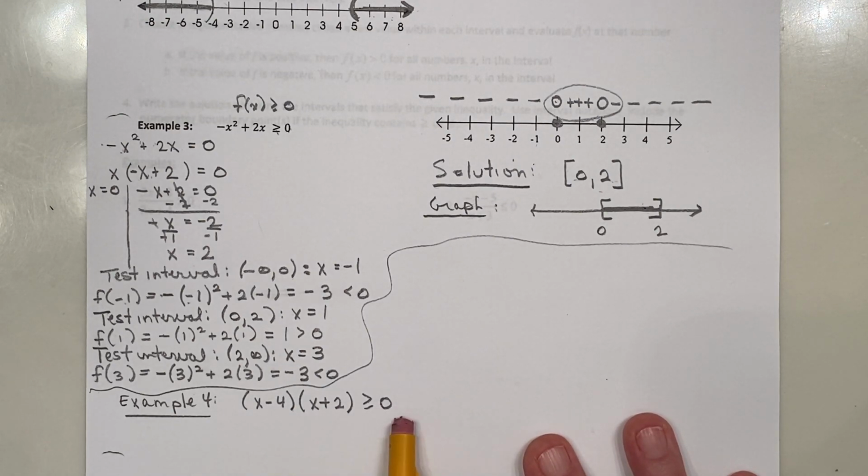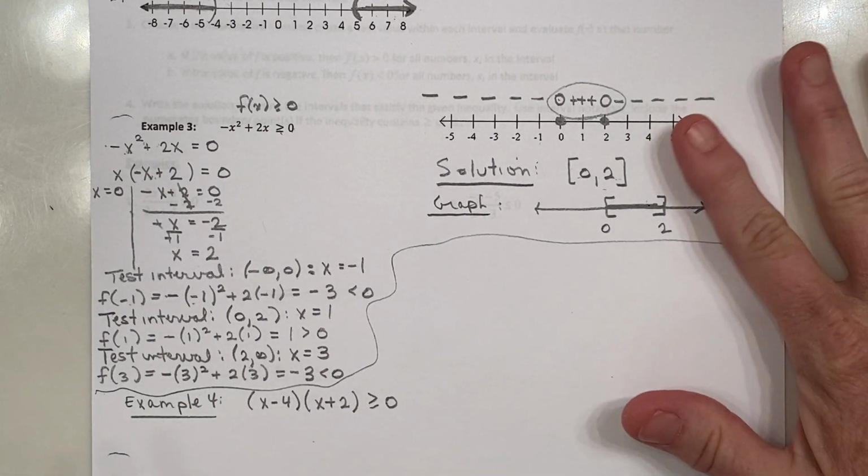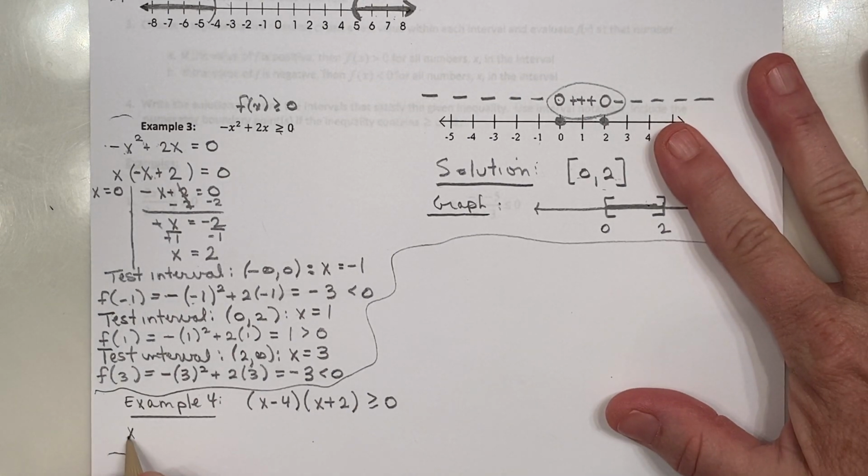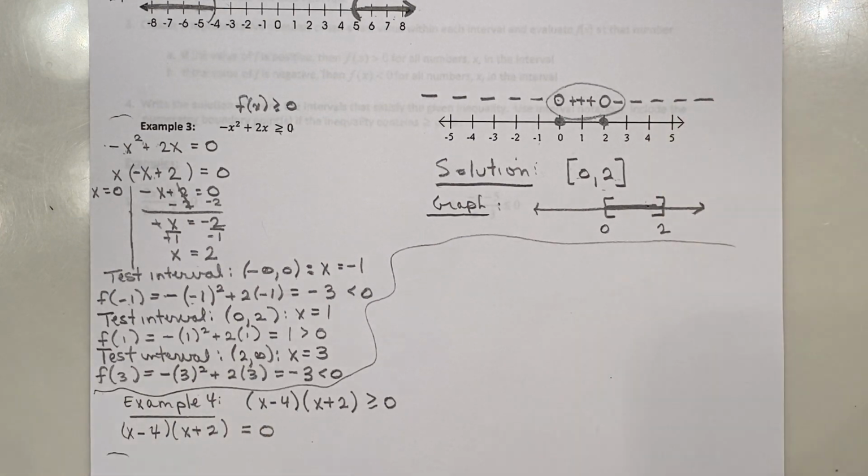Notice that one side is already set to 0, and even better, we've been presented with a nice little problem that's already been factored for us. So next step, let's set the polynomial equal to 0 to find the boundary points. Setting each factor equal to 0, we get x equals 4 and x equals negative 2.